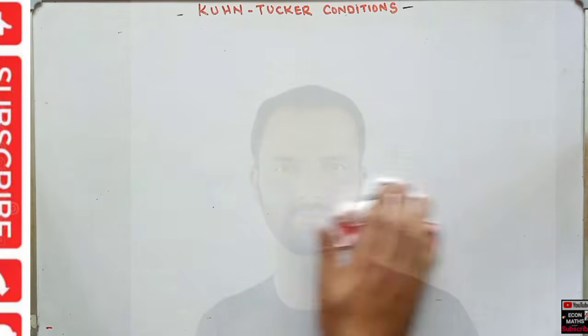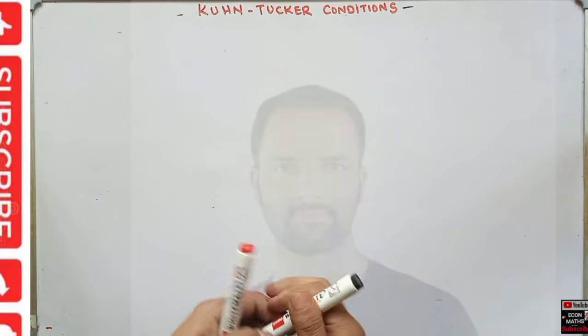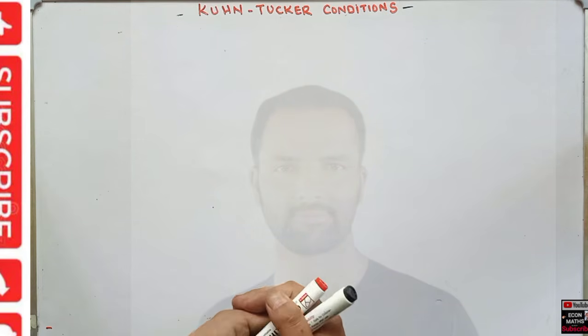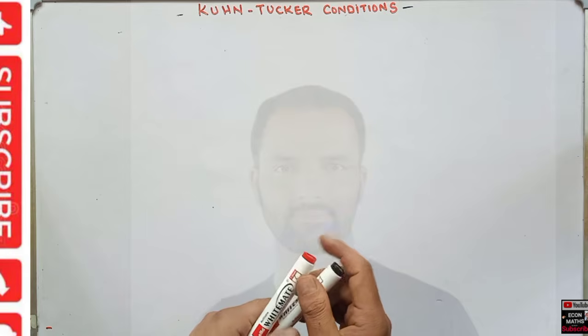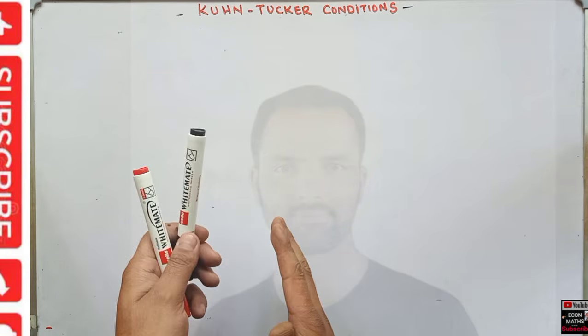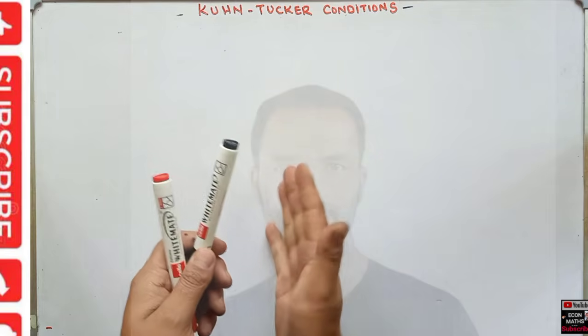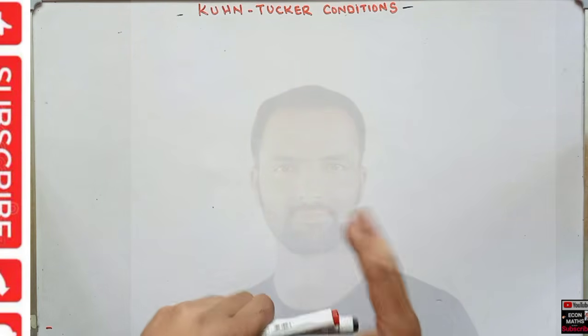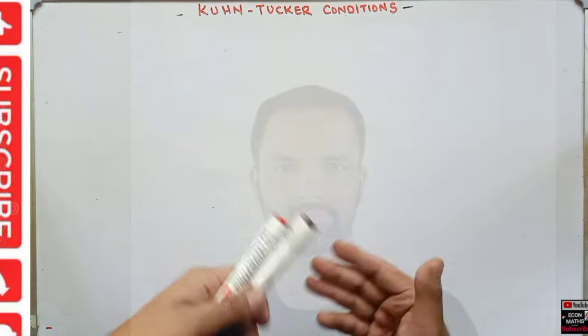Now, there are some steps in solving the Kuhn Tucker condition. So I will give you an example and then I will try to give an algorithm for how we use that very condition. First I will give you an example and it will make more sense for you.